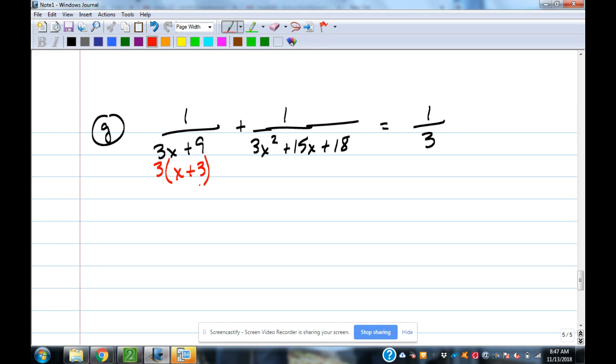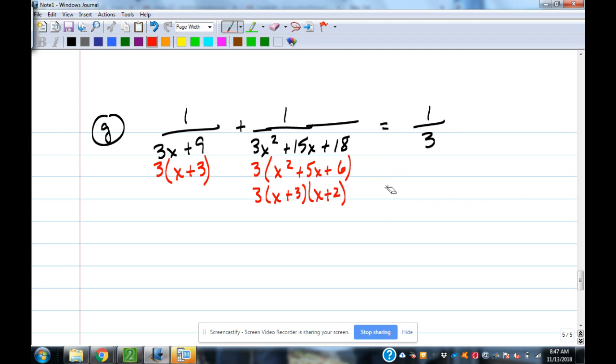Does it have a GCF? Yeah, 3 comes out. That's x squared plus 5x plus 6. But will that trinomial factor? Yeah. Multiply to be 6, add to be 5, 3 and 2. So that's going to be x plus 3 and x plus 2.